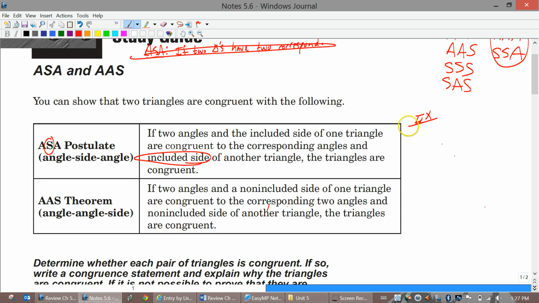Examples of that? Okay? An example of that would be like this setup right there, where the side is in between those two angles. Again, this setup right there, where the side is in between the two angles. Okay? Doesn't really matter which direction those are drawn in. You know, it could be like this.